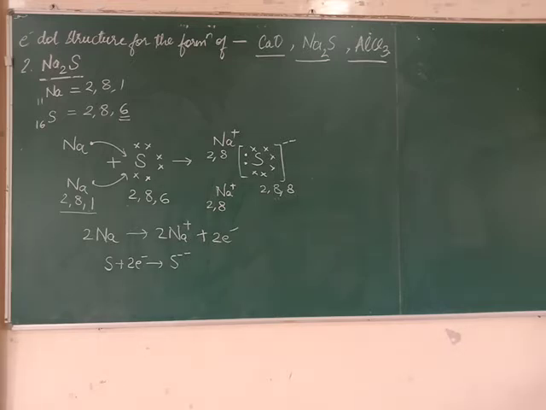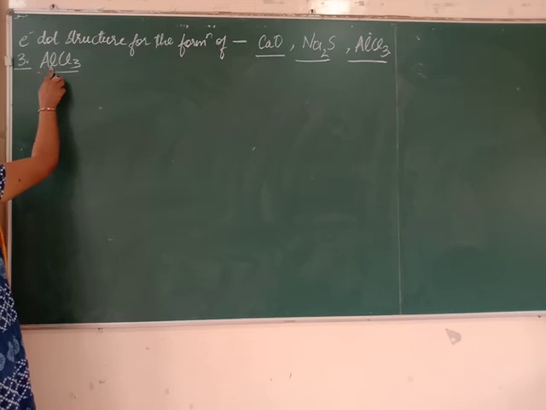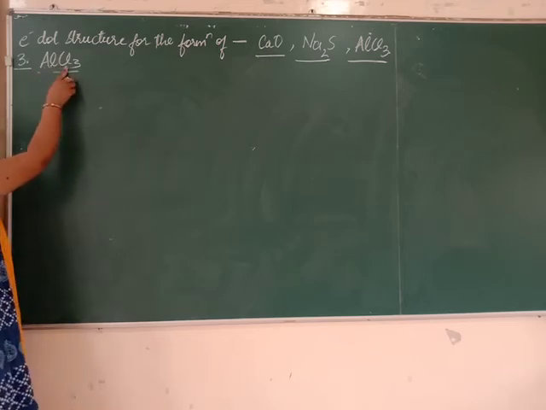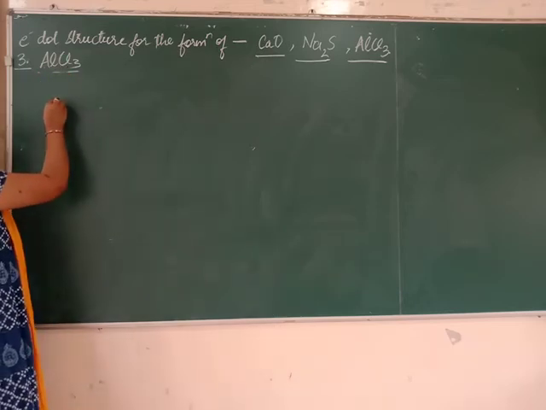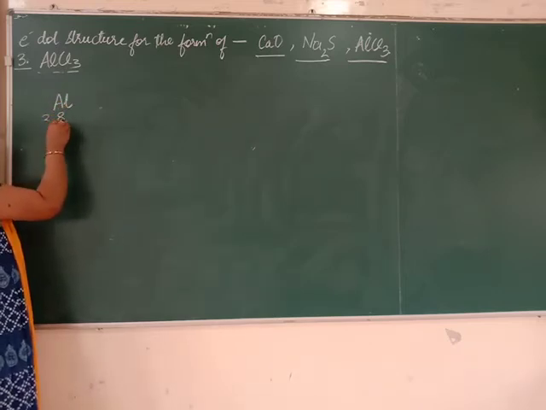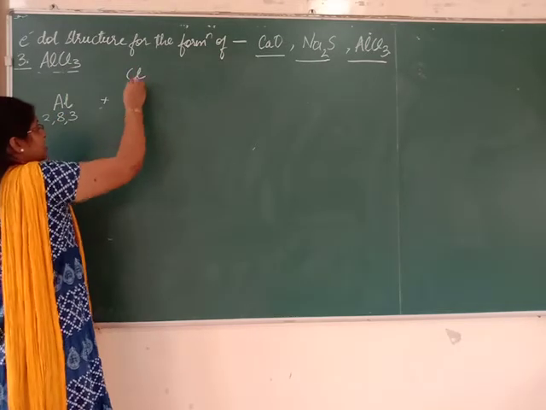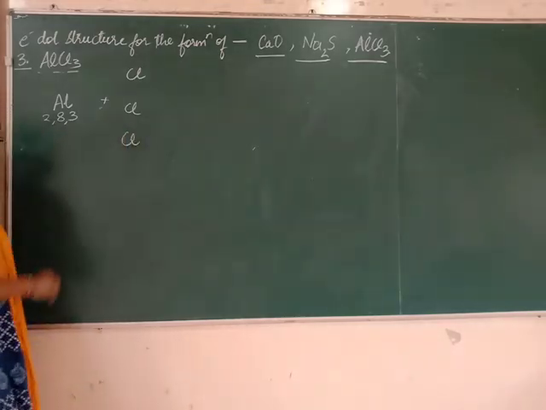Children, let's move further to the next example. The next example is aluminium chloride, AlCl3. AlCl3, children, if you see, it contains 1 atom of aluminium and 3 atoms of chlorine. So 1 atom of aluminium with electronic configuration 2, 8, 3 will combine with 3 Cl atoms.